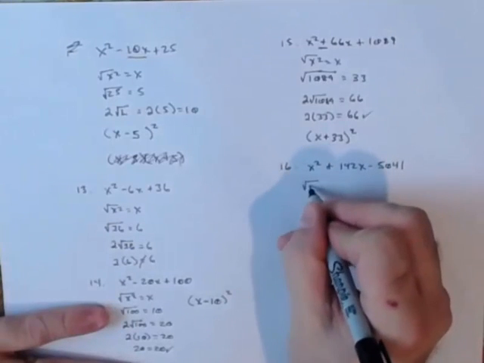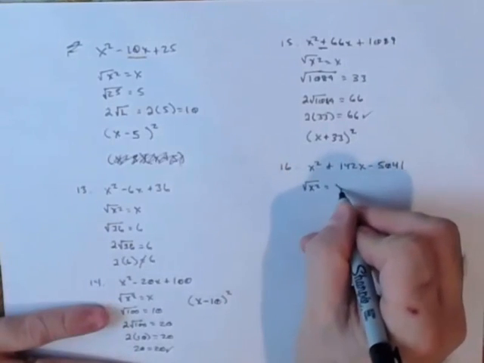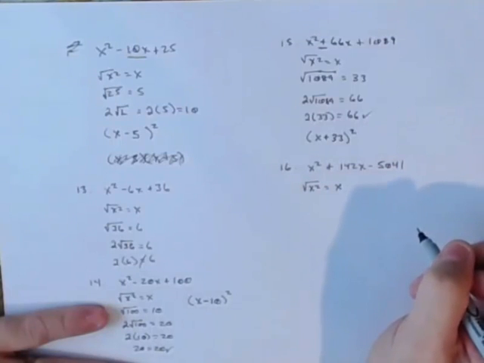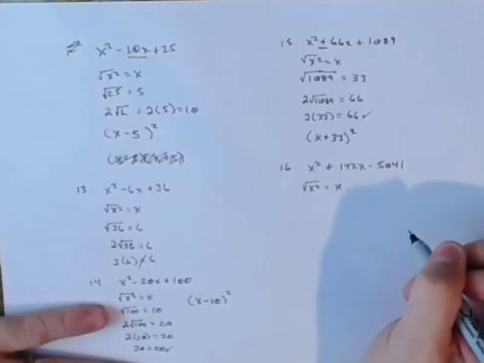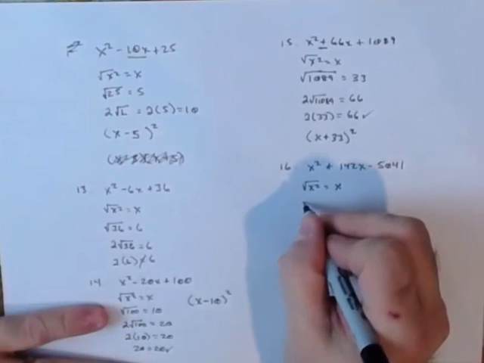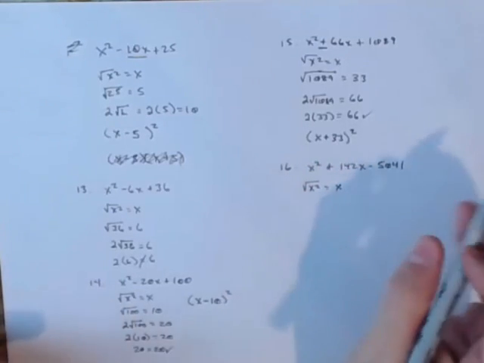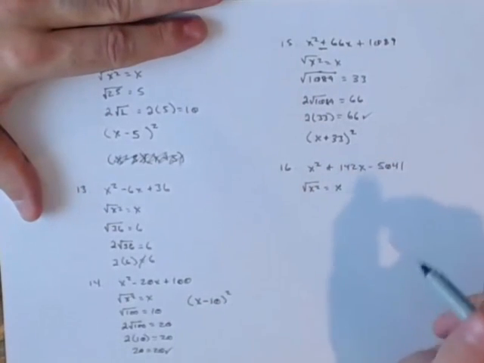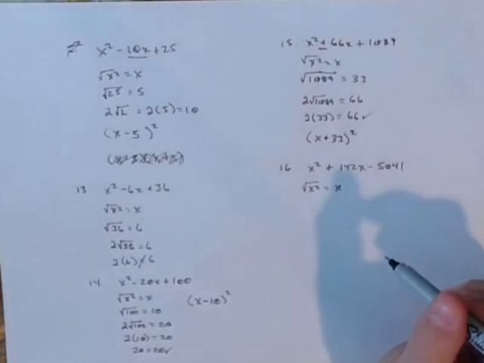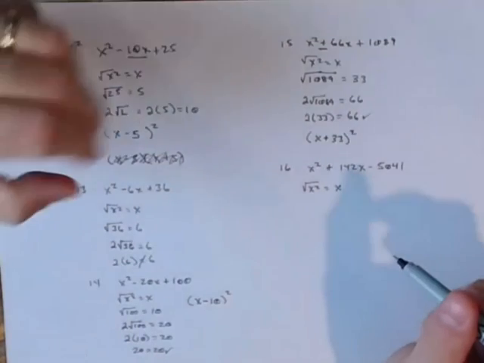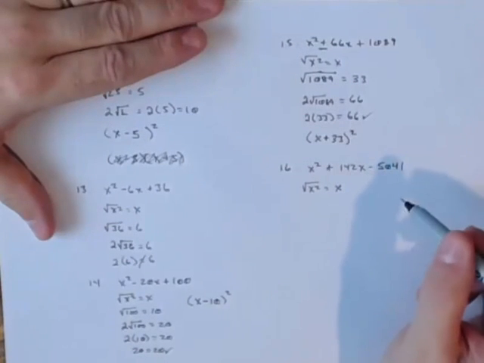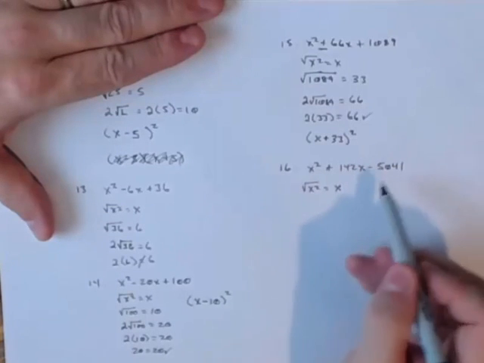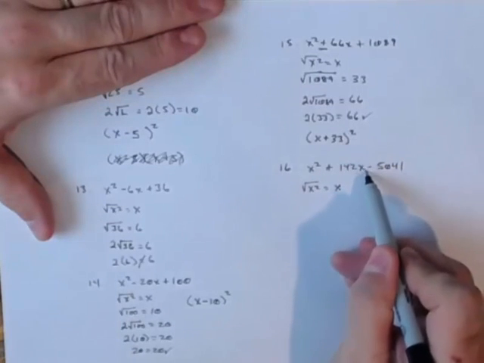Square root of x squared is equal to x. And looking at my last term, I can see a problem already. Because we're considering whether or not it is a trinomial square, I notice here on this last term that the sign is a negative.